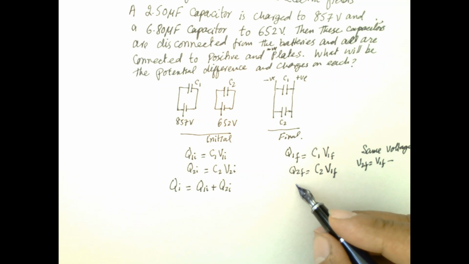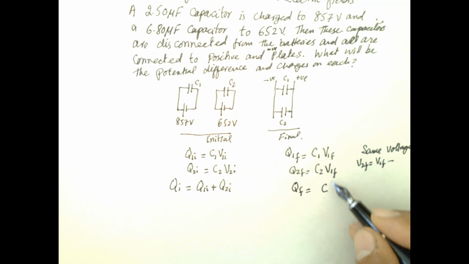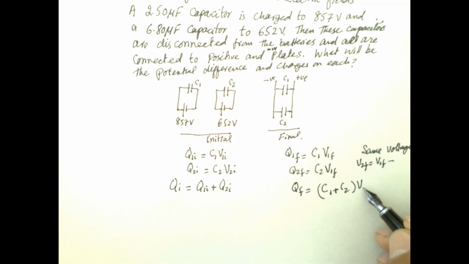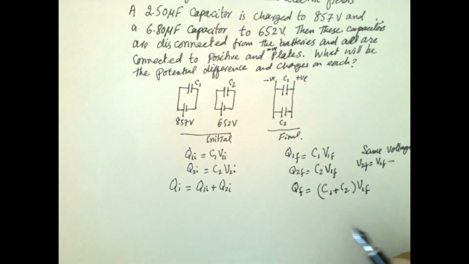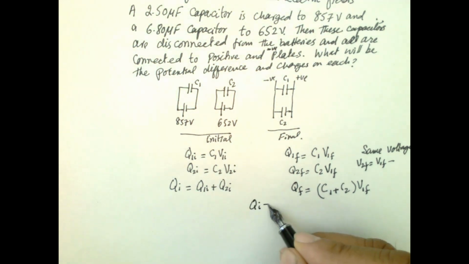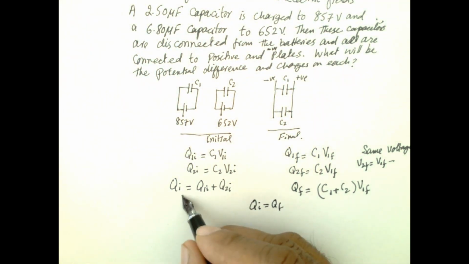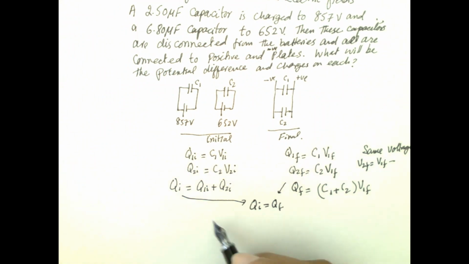And Q final is equal to the common V1F times C1 plus C2. By charge conservation, the initial charge equals the final charge, and Q is equal to CV.